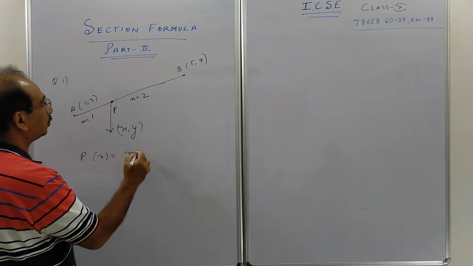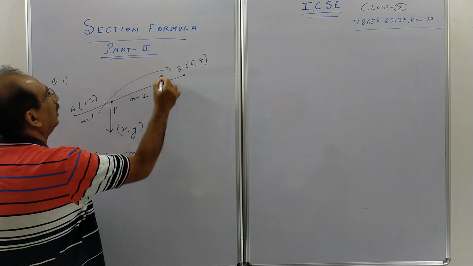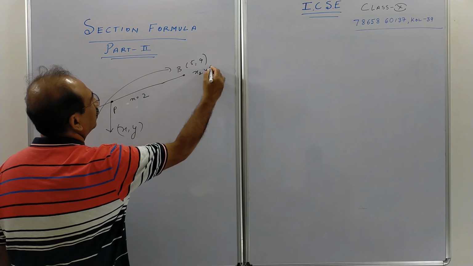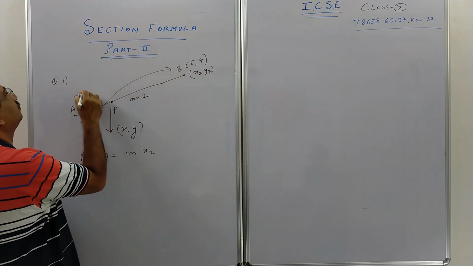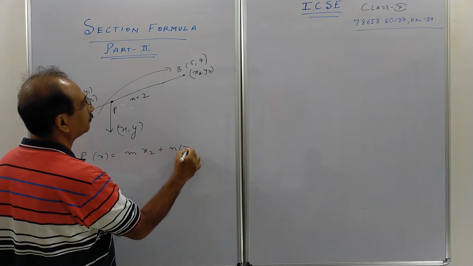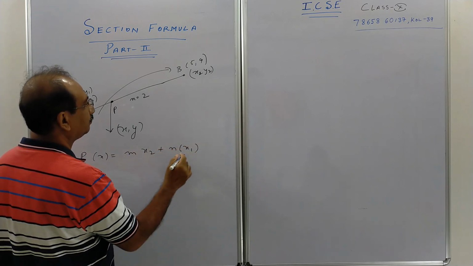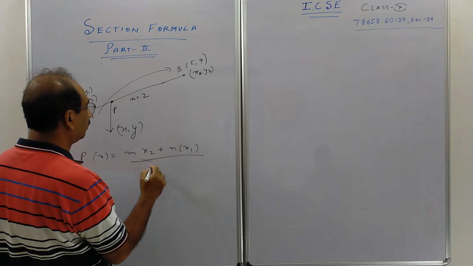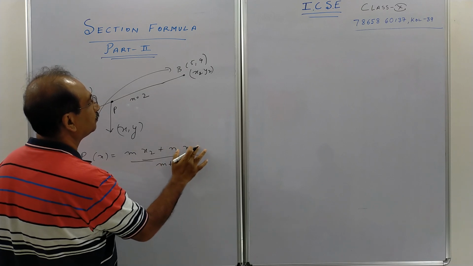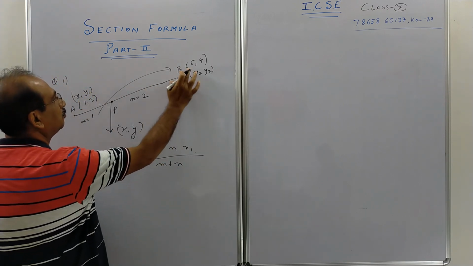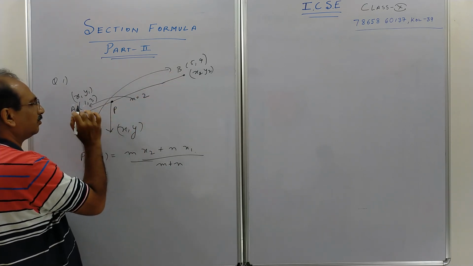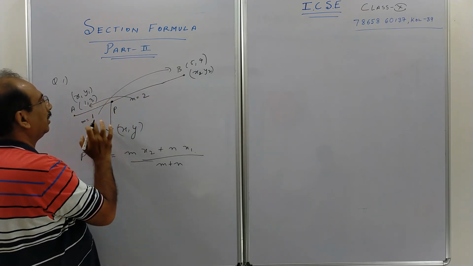So x is, let this be (x2, y2) and (x1, y1), m x2 plus n x1, you don't need a bracket in fact, children, divided by m plus n. Once more, m x2 plus n x1 by m plus n.